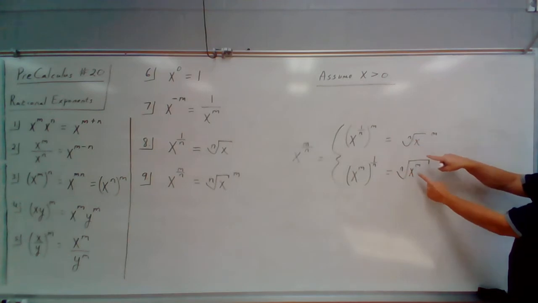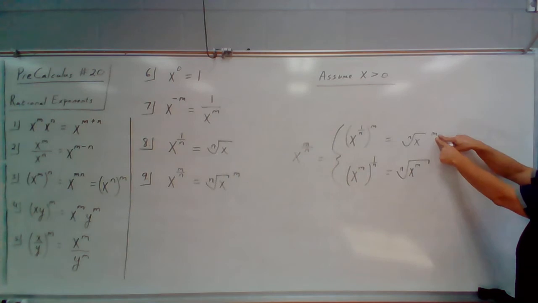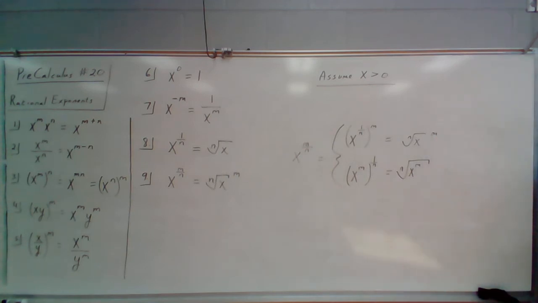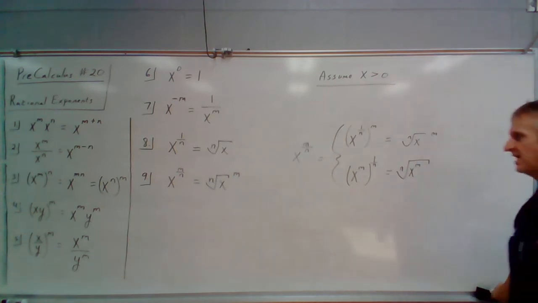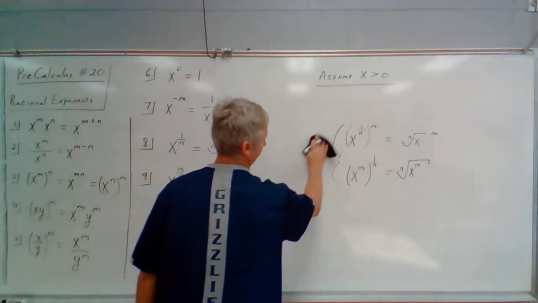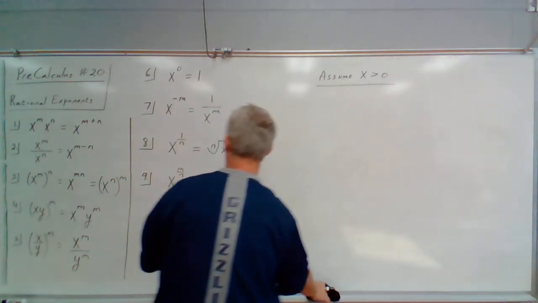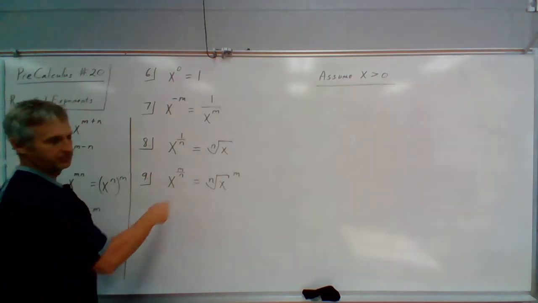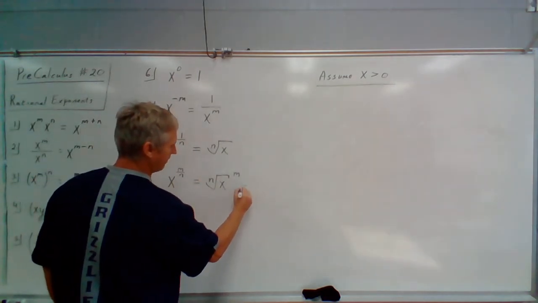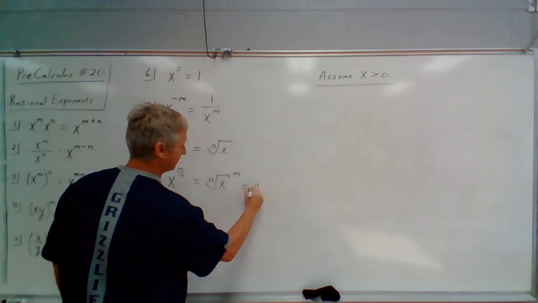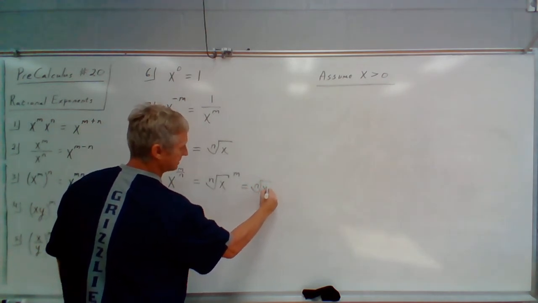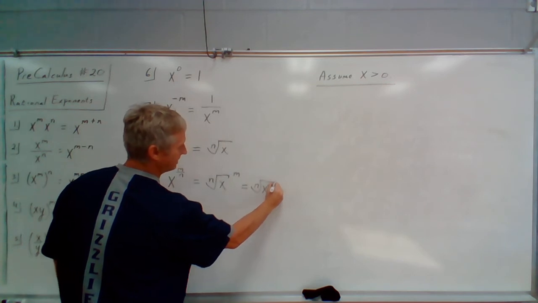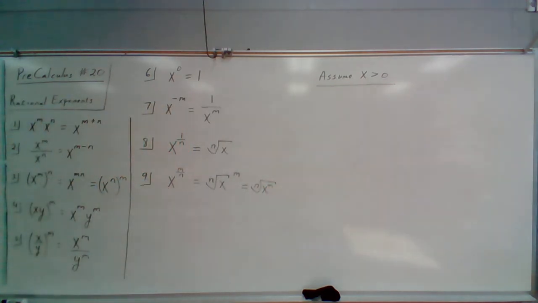So both of these are the nth root, but notice that here the m is on the inside of the radical. Here the m is on the outside of the radical. So as long as x is a positive number, it should make no difference whether your m is on the inside or on the outside. So let's add that to our rule. So x to the m over n is equal to the nth root of x to the m, or it's also equal to the nth root of x to the m, with the m on the inside of the radical.